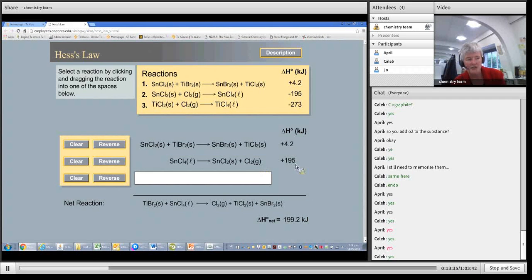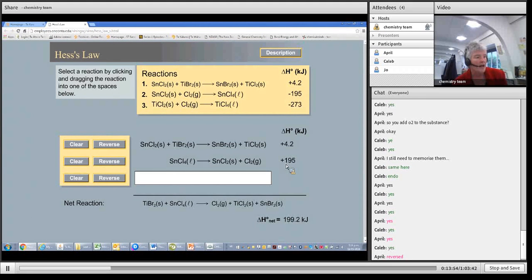And can you see what's happened to the sign? What have I done to it? I've reversed it. So whenever you reverse a reaction, you reverse the sign, because you're changing it from an endothermic to exothermic or an exothermic to endothermic.